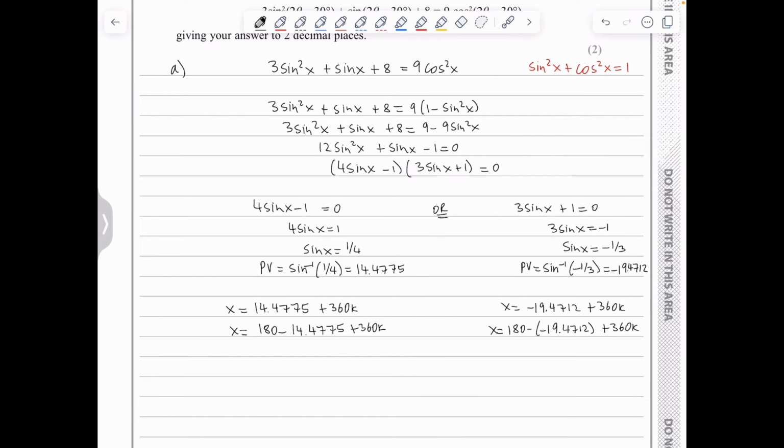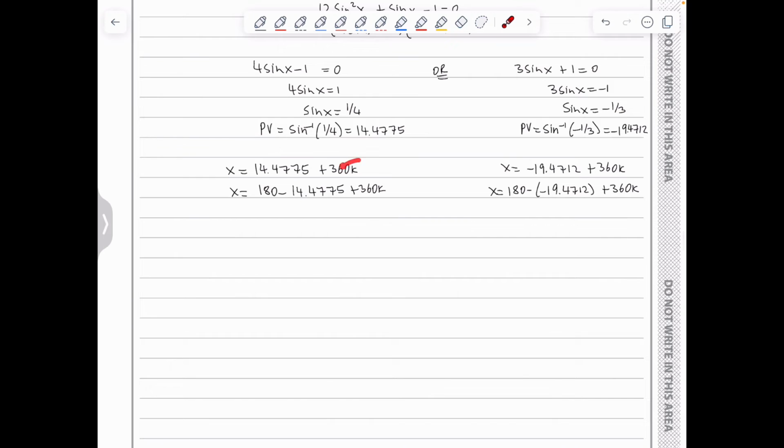So I can see that since I'm between minus 180 and 180, putting k is 0 will give me 14.48 and 165.52. So I'm going to write those two down, 14.48, 165.52, whereas over here, if I put k to be 0, I get the minus 19.47, and if I put k here to be negative 1, I'll get minus 160.53.